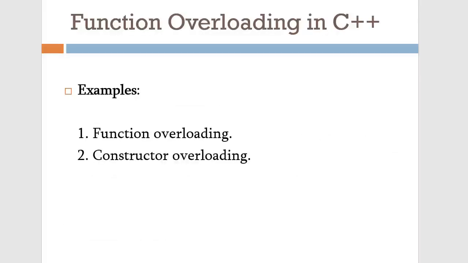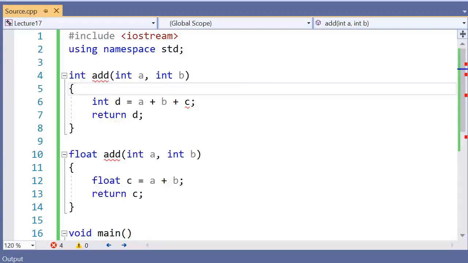Similar to these functions, you can overload the constructor. As we talked about in the topic of constructor and destructor, you can give the same name for the constructor function. Let's revise that again.